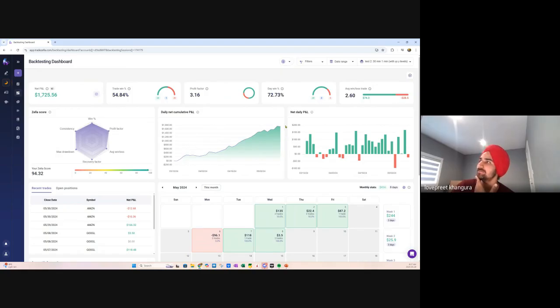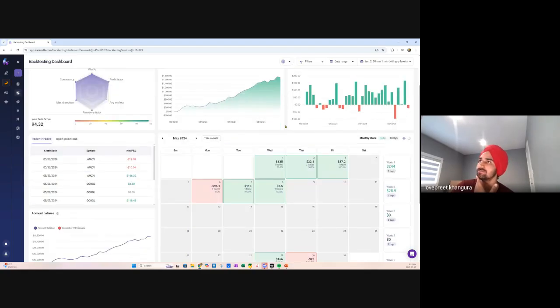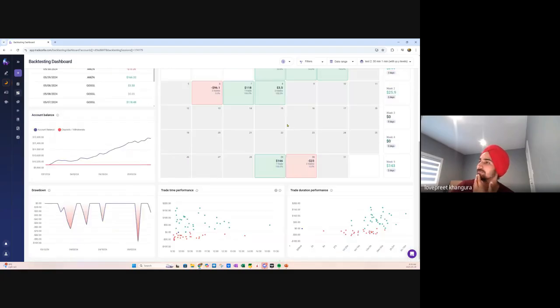The main takeaway for me came from here, the trade time performance. As you can see, I got a lot of green dots that are in good profit, around 150, 100, or around 80-something. The average over here is 81 or 82, but the losses over here are minimal.